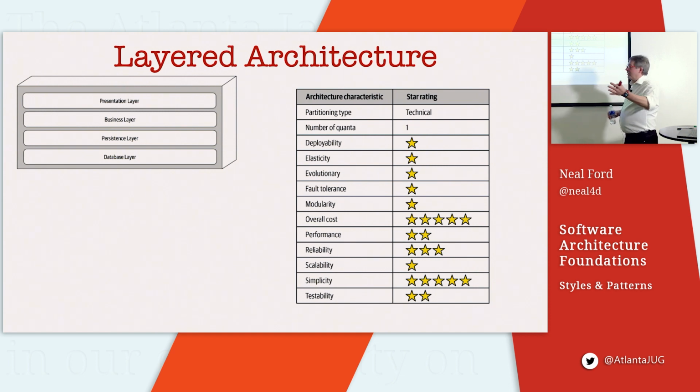But otherwise, they all make sense. Layered architectures and monoliths in general are one of those that the bigger they get, the worse a lot of these architecture characteristics start showing up, like scalability and performance and elasticity. As they get bigger, it gets harder and harder to achieve those things.